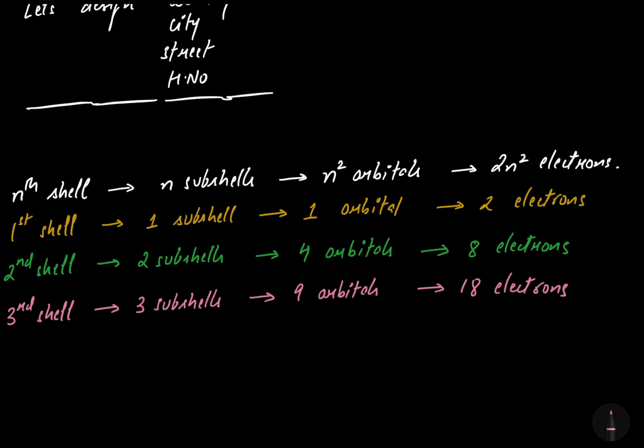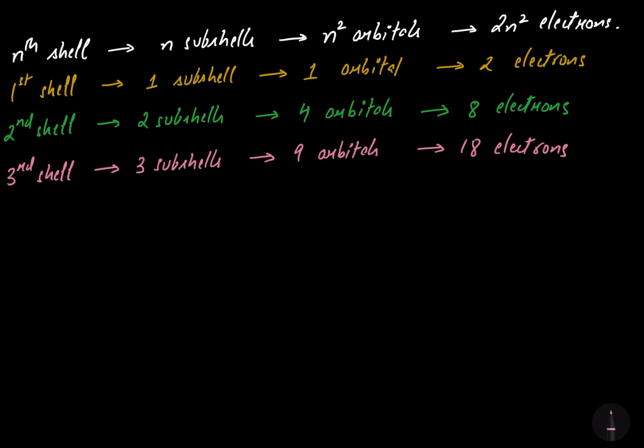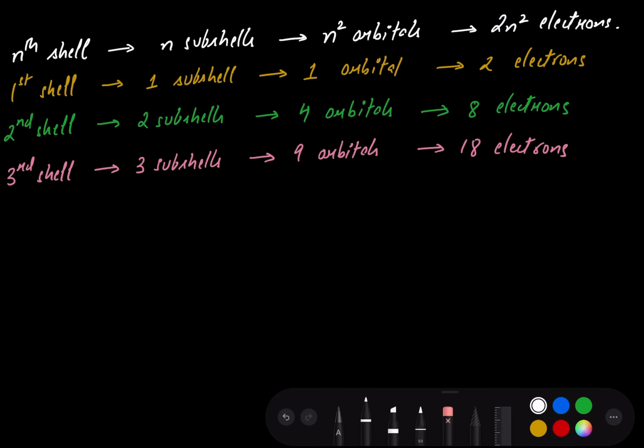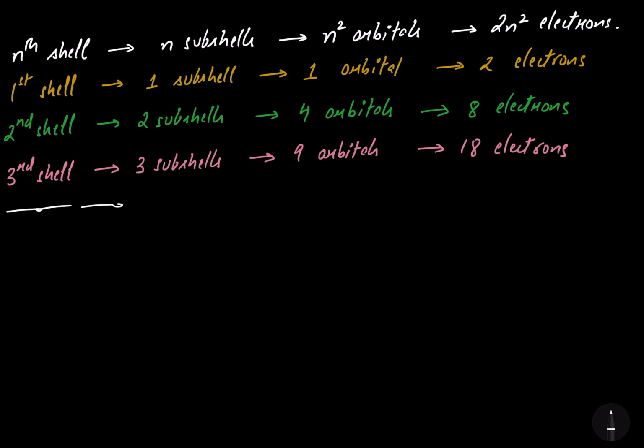So now let's talk about all the shells, the first, second and third shell, in a bit more detail. For that, let me recapitulate the previous formulas. When the value of the principal quantum number is small n, then the value of l will be 0 to n minus 1.